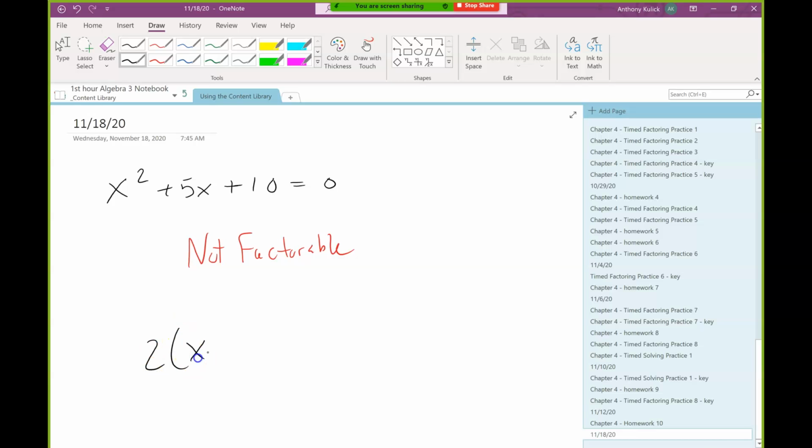I also saw in some cases like things like this, people writing no solution. Again, this is a quadratic. Every quadratic is solvable. None of them have no solution.